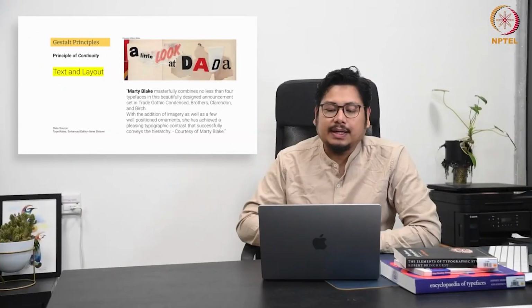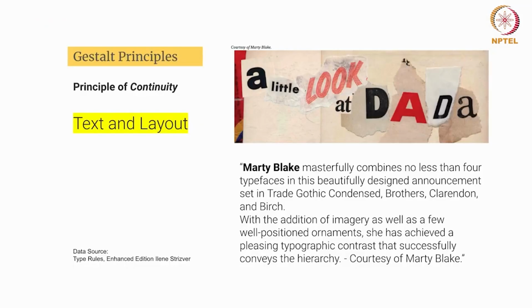Yes, so this is a different way of addressing continuity, but a very interesting composition by Marty Blake, who combines a variation of typefaces and how the overall composition has been put together to create a sense of legibility.